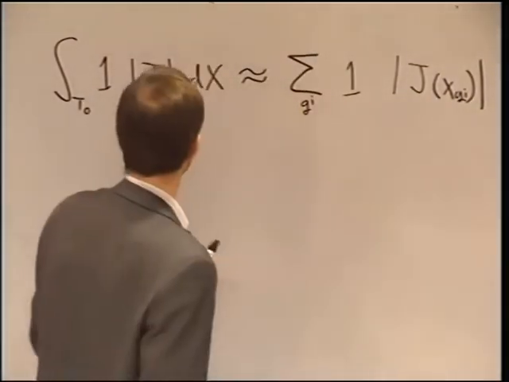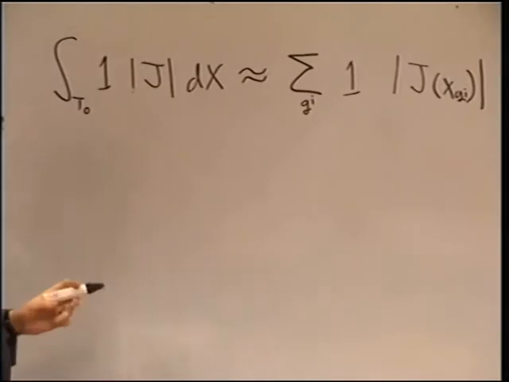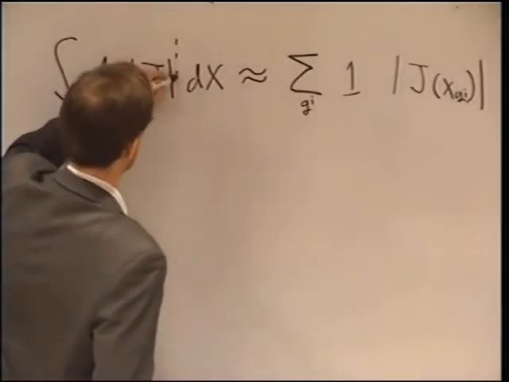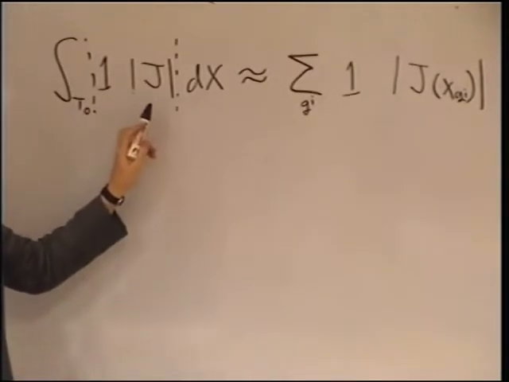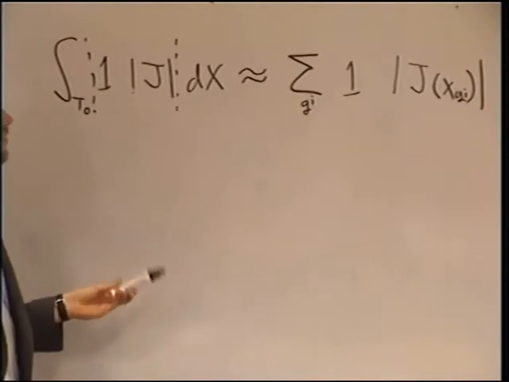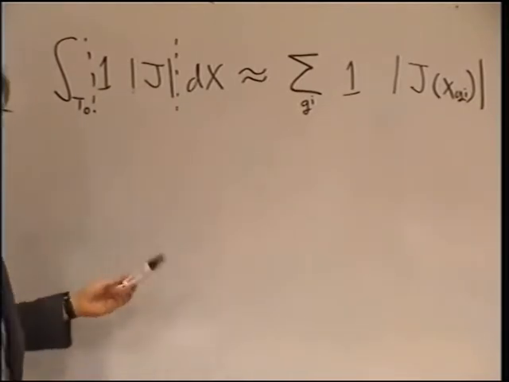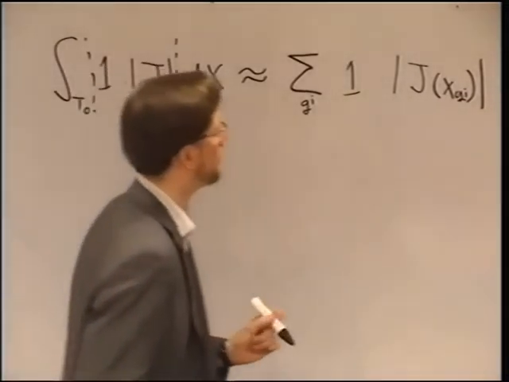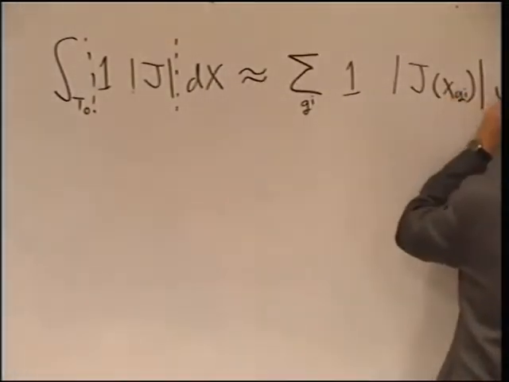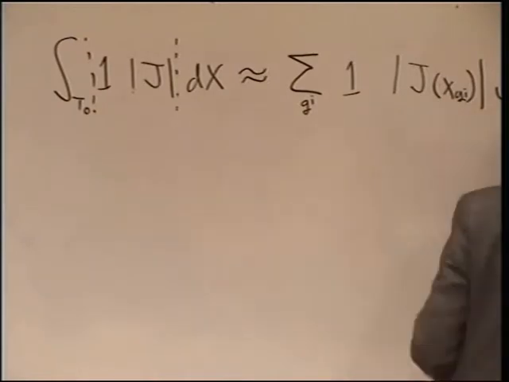Right, because in terms of what we did earlier, this bit is the integrand. So J is part of the integrand, so if I'm going to approximate the integral using quadrature, then J is one of the things that I have to evaluate at the quadrature points. And that is then multiplied by the corresponding quadrature weight.